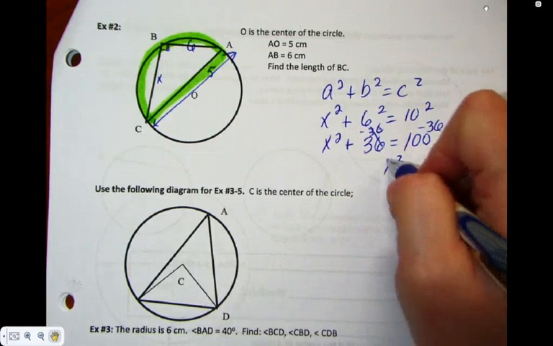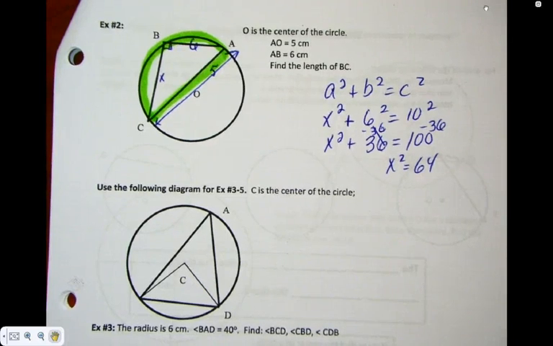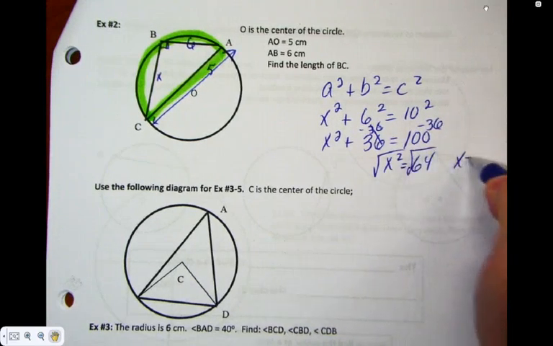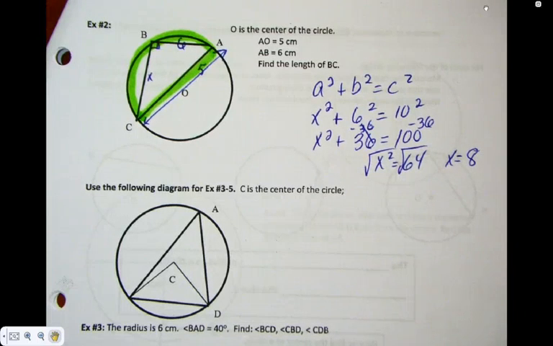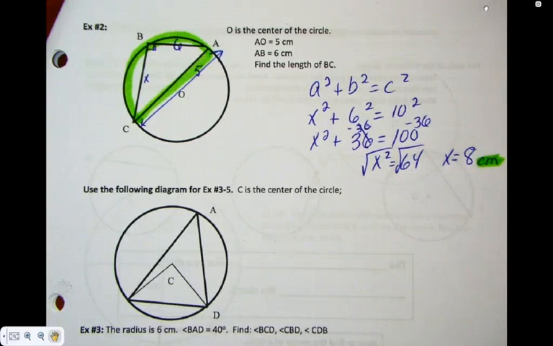Subtract it, so we get 64. What's the opposite of squaring something? Square root. Units. And I'm just going to highlight the units so you remember you have to include them if they're given in the question.